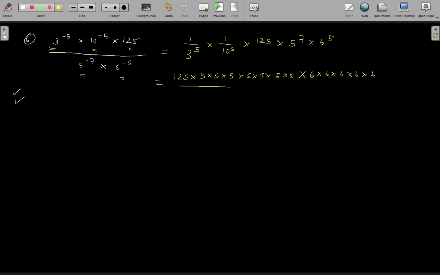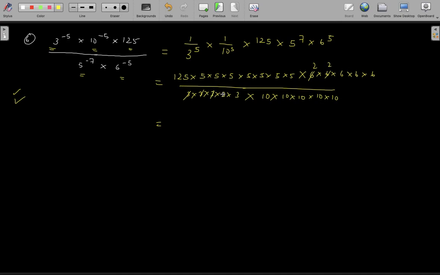This is divided by 3 power 5, which is 3 times 3 times 3 times 3 times 3, and 10 power 5, which is 10 multiplied by itself 5 times. Now if you simplify, 3 times 2 gives you 6. Again 3 times 2 gives you 6.